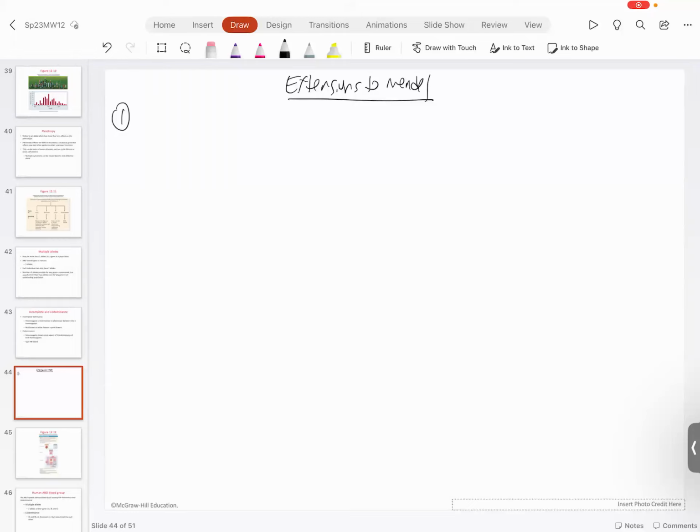Well, first of all, this is a look at what we refer to as patterns of inheritance. I want to lay down what we've learned so far from Mendel. These are alternate patterns of inheritance. So first of all, the first rule, right? These are like rules by which genes will segregate. The first one is the Mendelian pattern. There's a couple of basic things. First of all, Mendel said there's one gene to one trait, right?